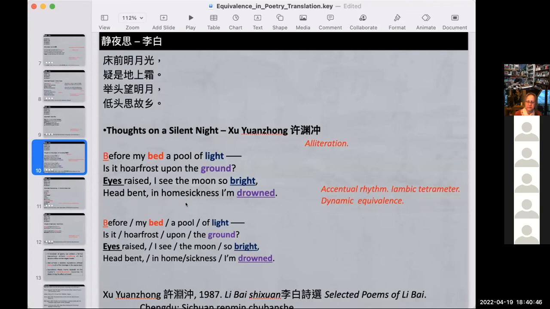Yeah, sometimes some parts don't sound natural in English, but bearing in mind, and because I understand what he's trying to do, I think he did a great job in terms of rhythm. And he had to sacrifice the naturalness of the language.